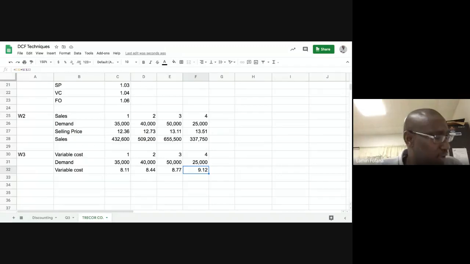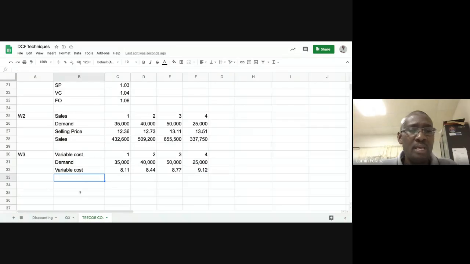So you should have 8.11, 8.44, 8.77, and 9.12. Okay, so that will give us our variable cost in dollars, as we'll do the primary school way, or the junior school way. And variable cost in dollars.